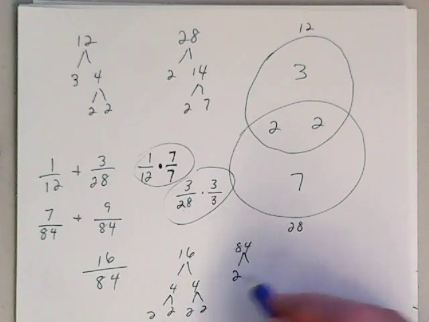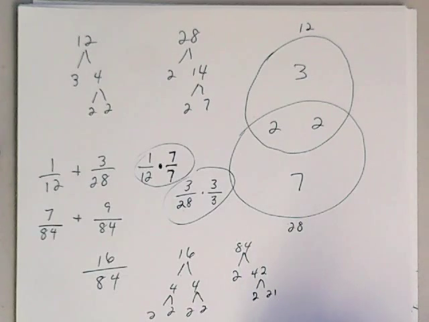And 84 is even. I could start there. Well, that goes in there for the 2 times. So that's even again. So 2 goes into that. Goes in there 21 times.